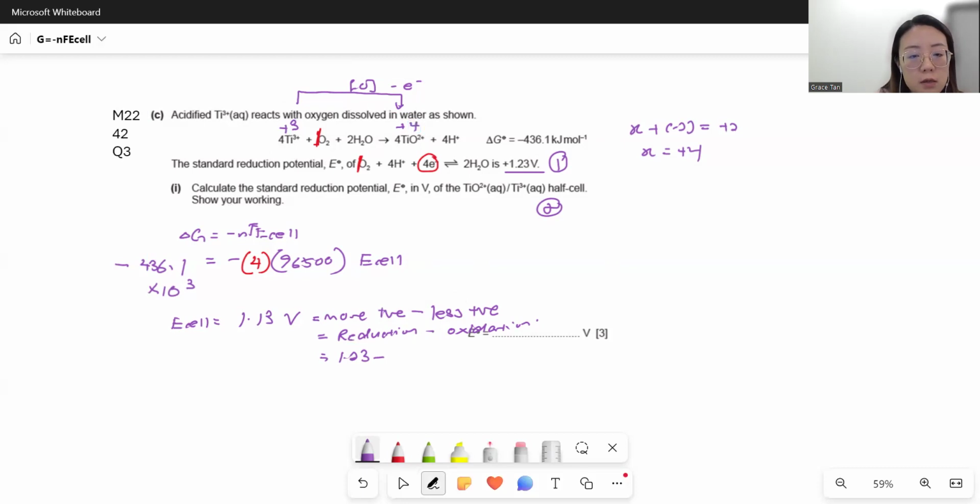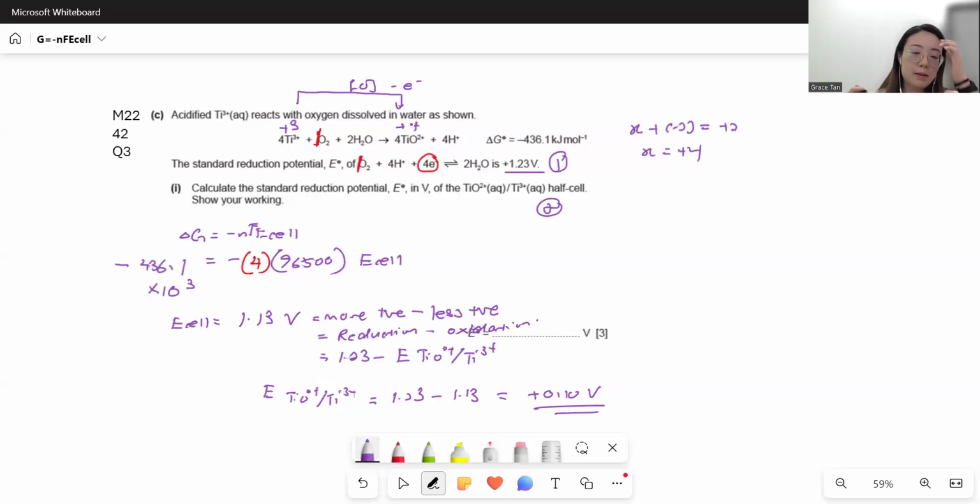So the E value of TiO2+/Ti3+ is what you want to find. Rearranging, it would be 1.23 minus 1.13, answer 0.10 volts. The end.